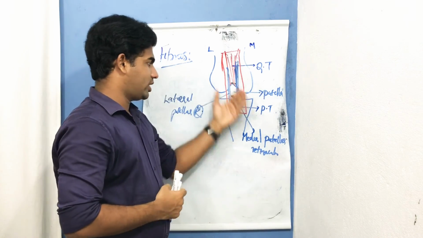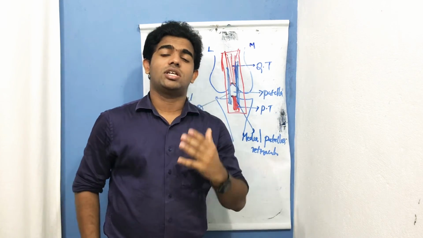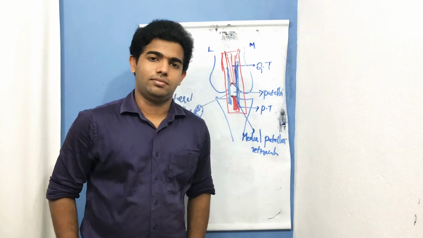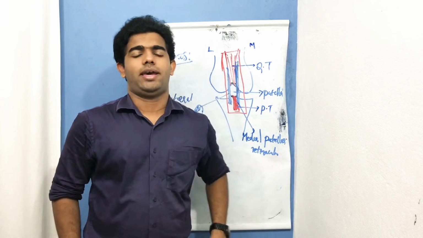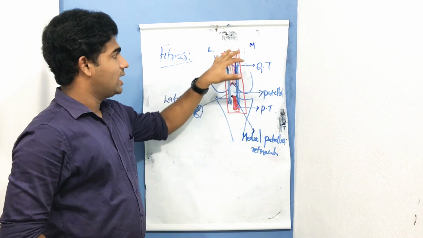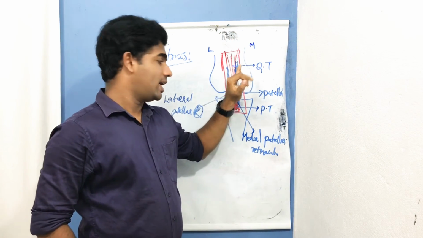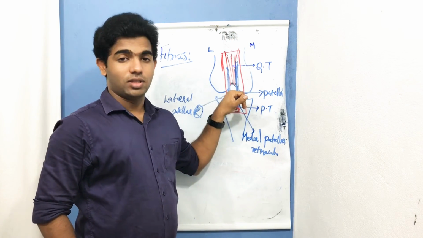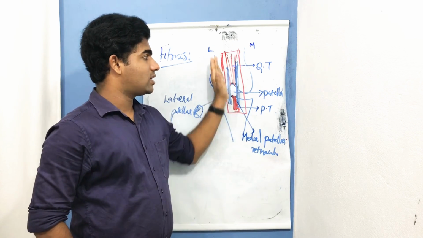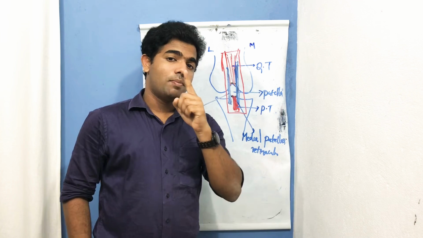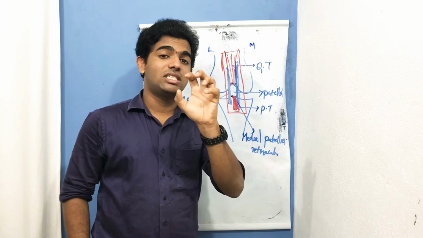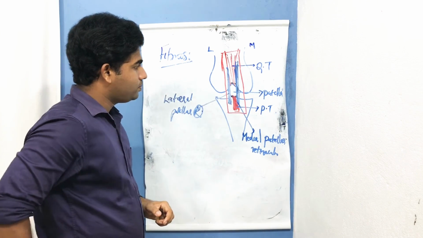That anterior structure is known as the extensor retinaculum of the knee. Once again, it contains the quadriceps tendon, patellar tendon, the patella, and the medial and lateral patellar retinaculum.